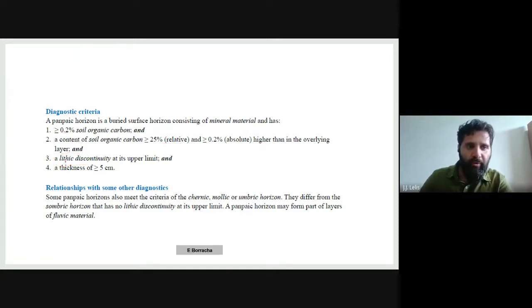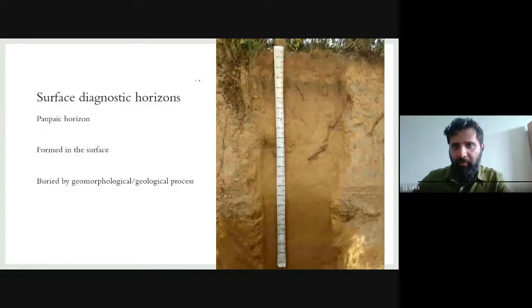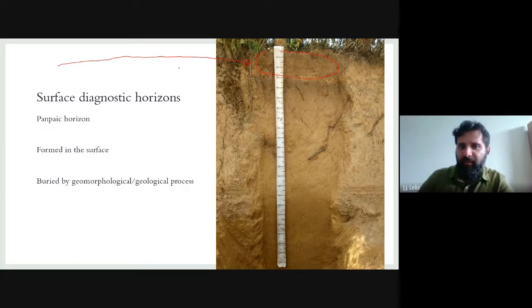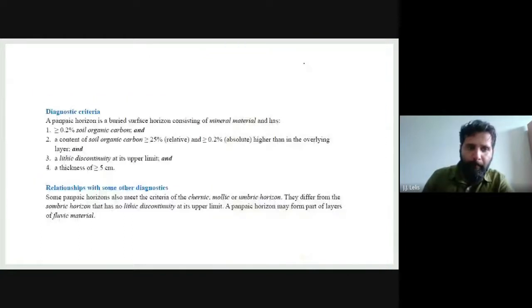So all the Pompeiic horizons are related to a difference of material from these horizons. They should show us any kind of difference, so that we can see that this material was formed in another region and was eroded and the material was deposited here. And we have a thickness of at least 5 centimeters.